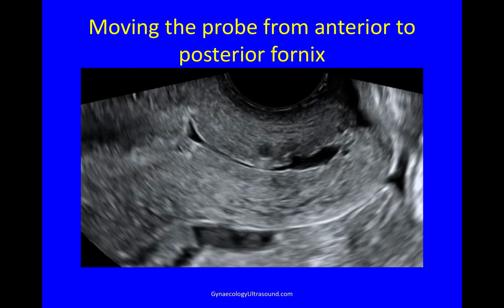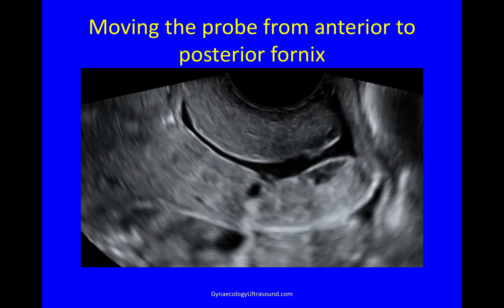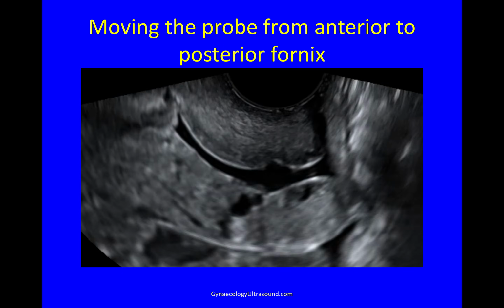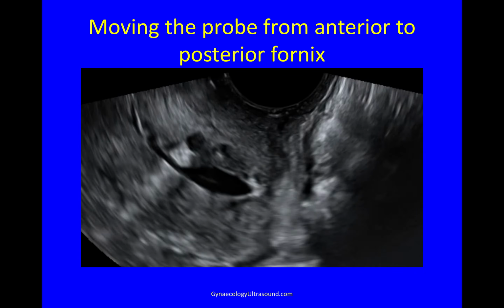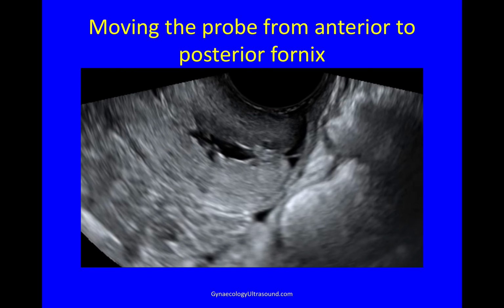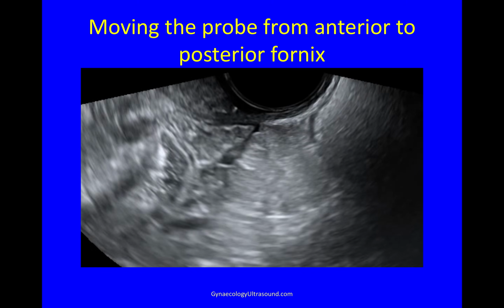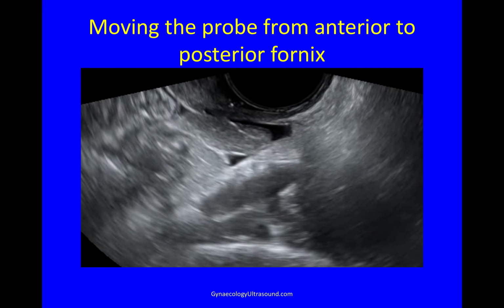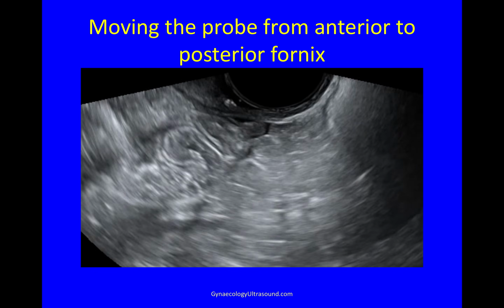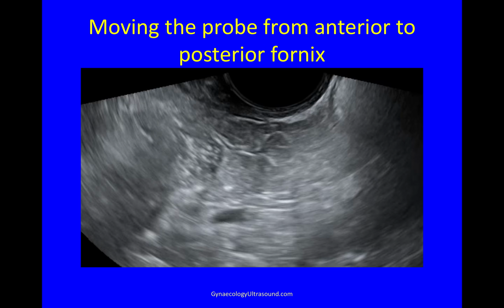There is the cervix in the longitudinal plane. I'm going to pull the probe out a little bit, then angle it more backwards toward the sacrum, and very gently nudge the cervix out of the way, stretching the posterior vaginal fornix over the tip of the probe, and now I can see the pouch of Douglas really clearly.